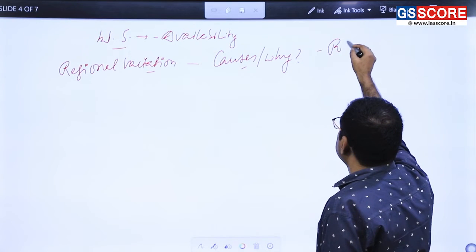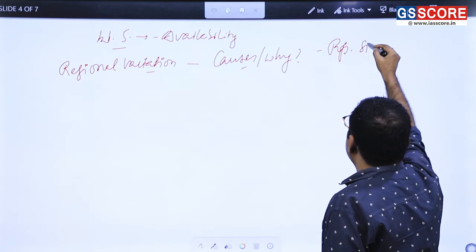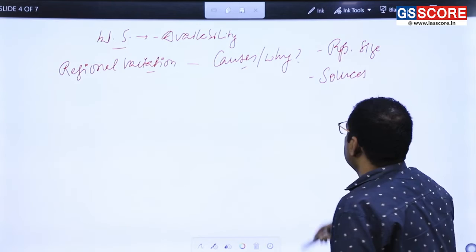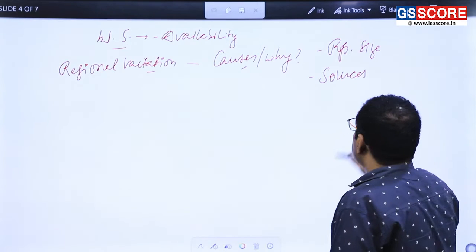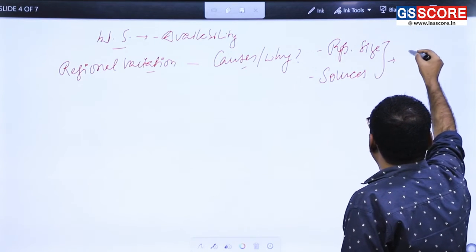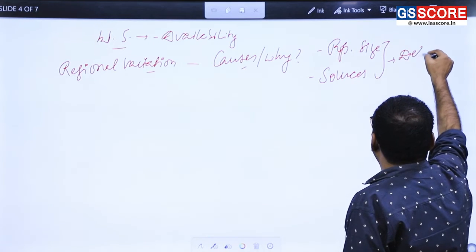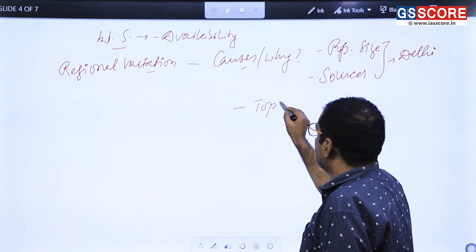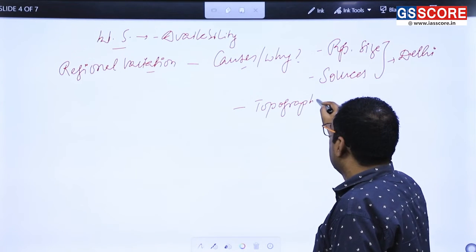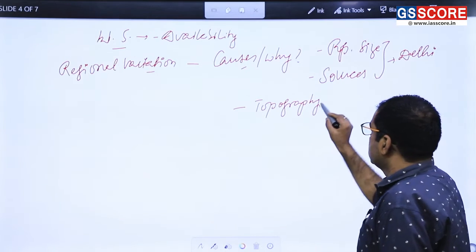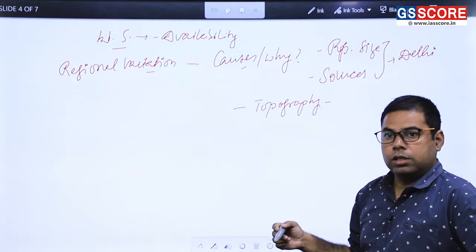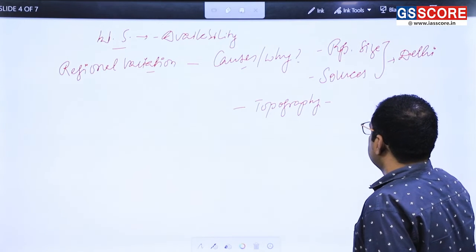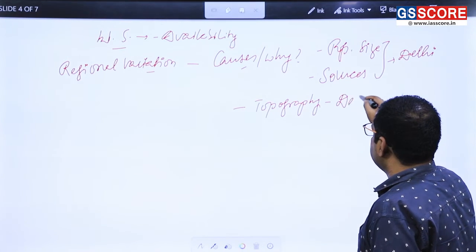The first is population size. Another is sources, right? There I have given you the example of Delhi. Then after that, topography. Here you can take the case of southern India, or more specifically the Deccan Plateau.